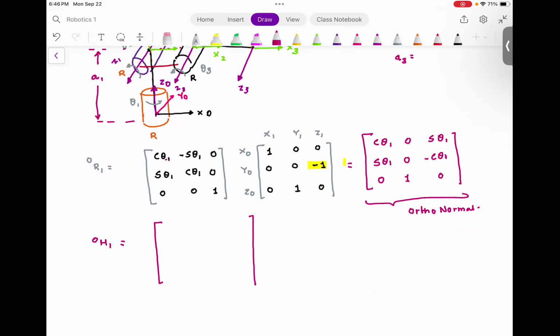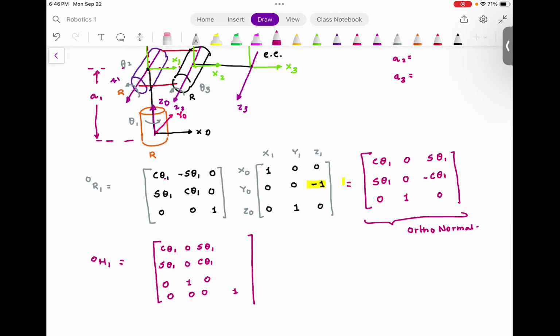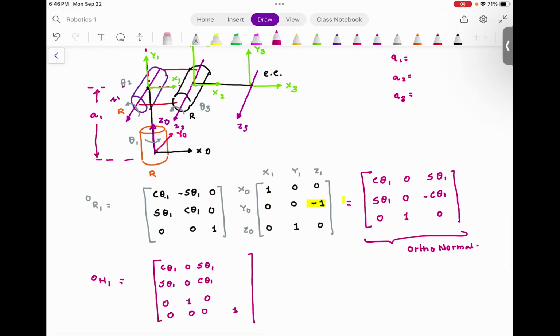For homogeneous transformation, the rotation matrix is going to remain the same. Zero, zero, zero, and you have 1. Now there are 3 elements that we need to substitute.